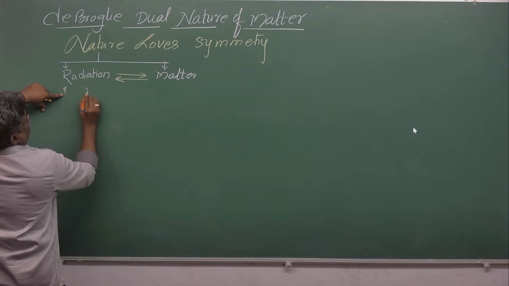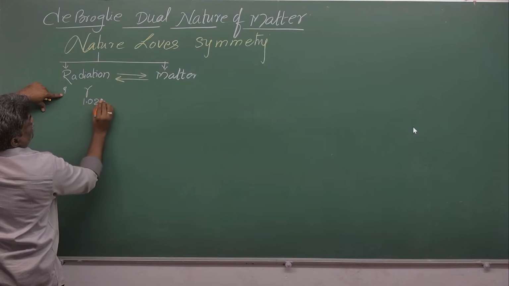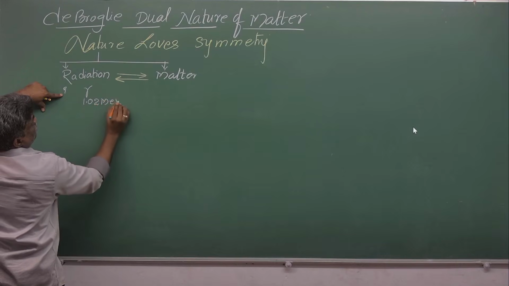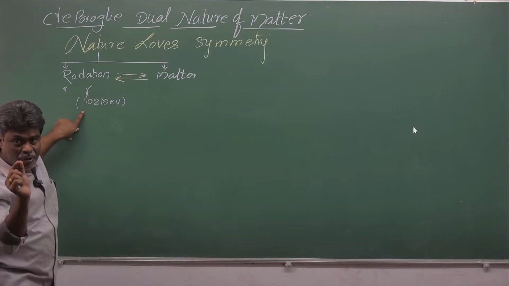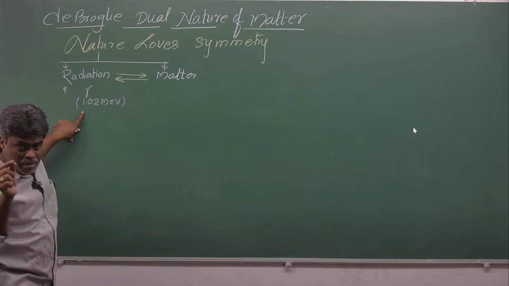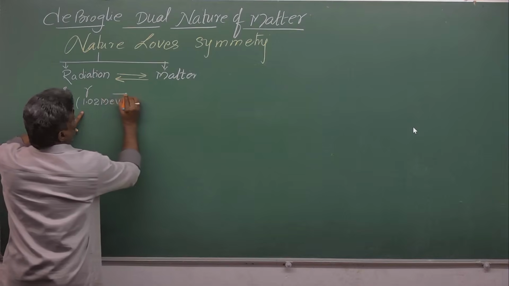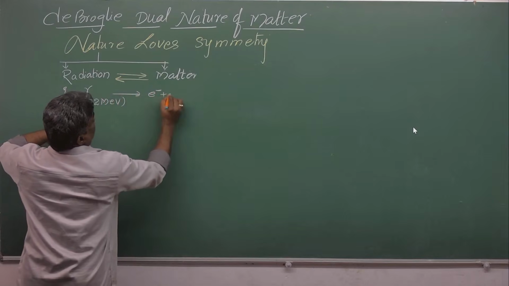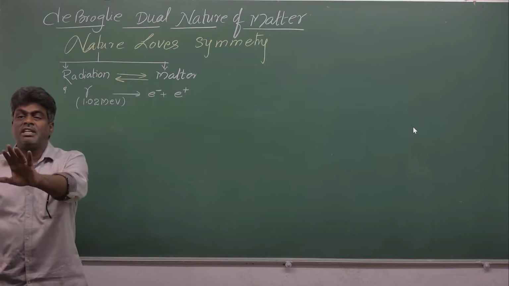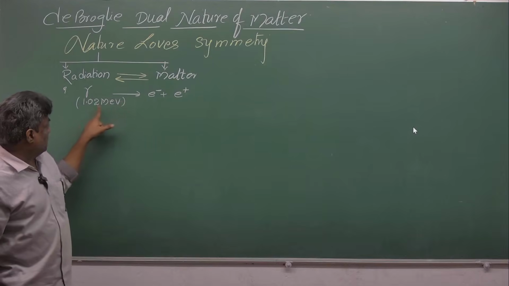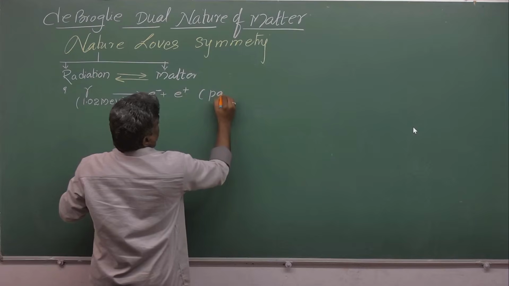There is a gamma photon of minimum energy 1.02 MeV. If you have a photon of minimum energy 1.02 MeV, then only will you get an electron and a positron. That is the minimum amount of energy required for pair production. So this is called pair production.